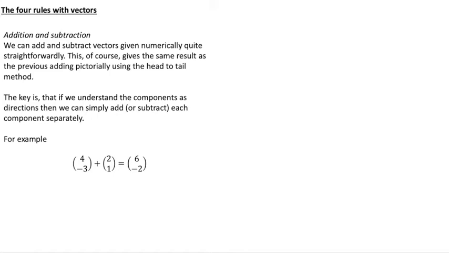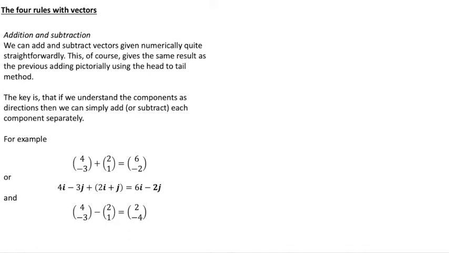So, for example, if we had (4, -3) plus (2, 1), that would equal (6, -2), because for the i component we have 4 plus 2 is 6, and for the j we have -3 plus 1 is -2. And the alternative way of writing that would be 4i - 3j + (2i + j) = 6i - 2j. And you'll see why the second vector there is in brackets in a moment.